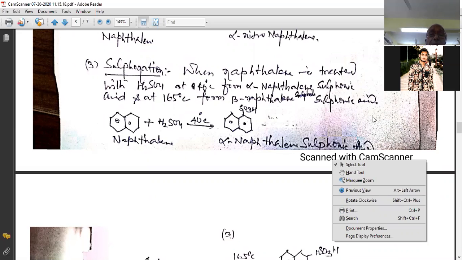There is a difference of temperature: at 40 degrees centigrade, approximately cold condition or room temperature, we get alpha naphthalene sulfonic acid, and at high temperature, that is 165 degrees centigrade, it forms the beta product, that is beta naphthalene sulfonic acid.